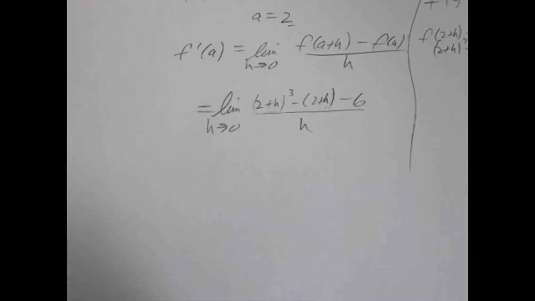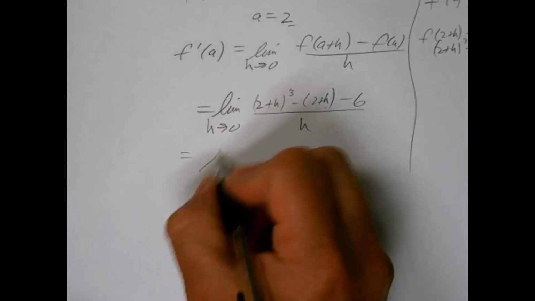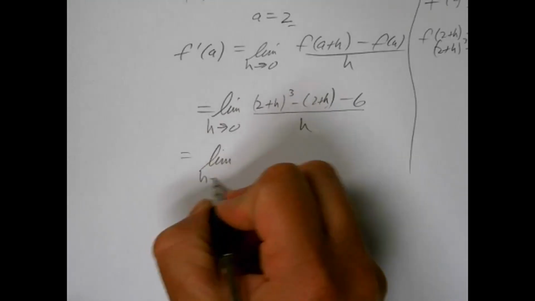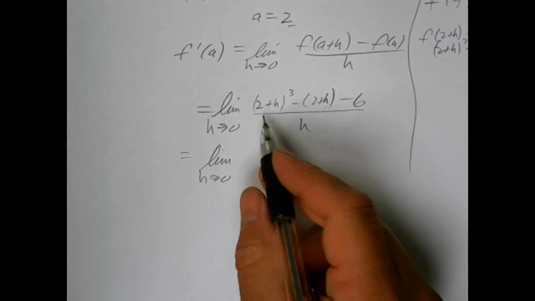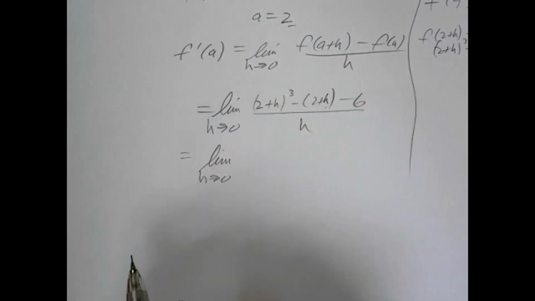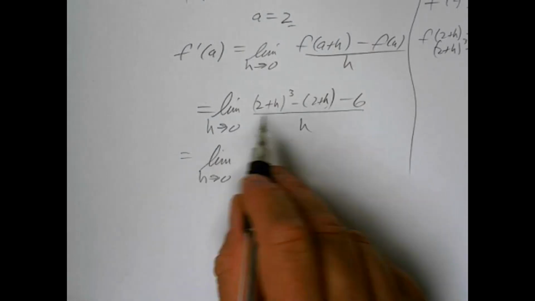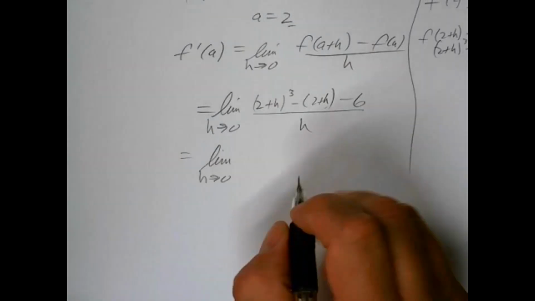Now at that point, there's some algebra to be done. It's the limit as h approaches 0, and now I've got to cube 2 plus h. There's a couple of ways to approach this. You could take the 2 plus h, write it out 3 times, and cube it out.